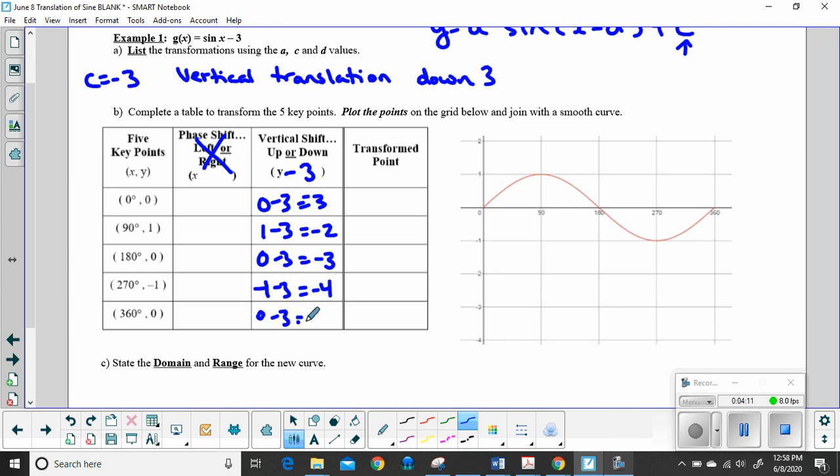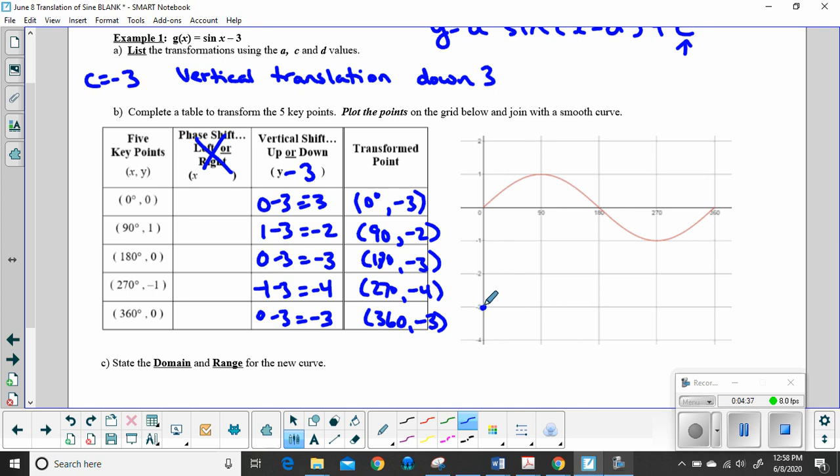And 0 minus 3 gives me -3. So my new dots are all going to be at the same x values. They just have a new y value. So I'm going to be at (0, -3), (90, -2), (180, -3), (270, -4), and (360, -3).